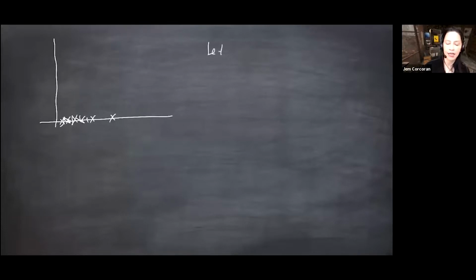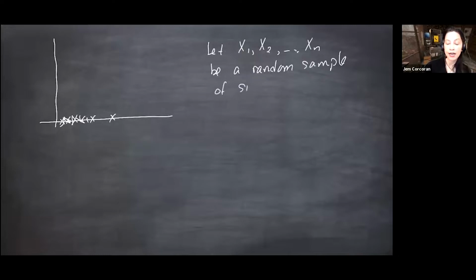So I'm going to let x1, x2 out through xn be a random sample of size n from the exponential distribution with rate lambda. I don't know why I'm writing that part out.